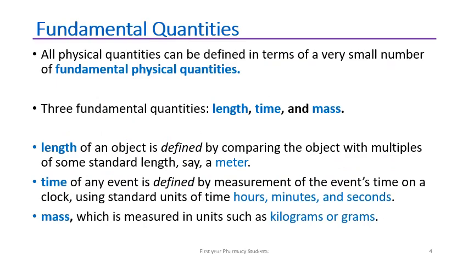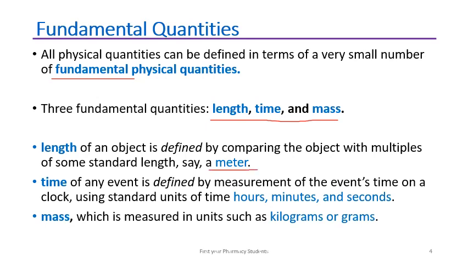All physical quantities can be defined in terms of a very small number of fundamental physical quantities. The three fundamental physical quantities are length, time, and mass. The length of an object is defined by comparing the object with a multiple of a standard length, such as a meter.